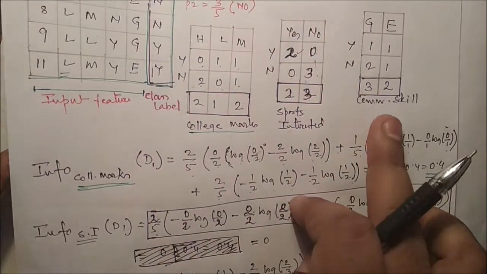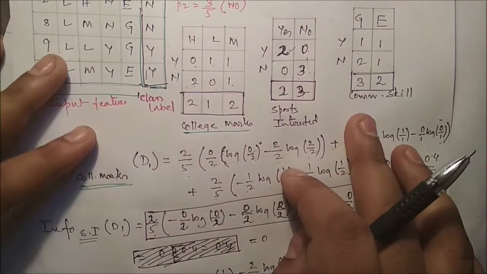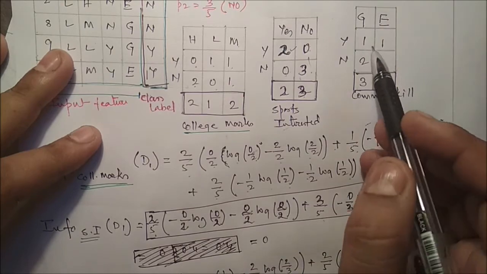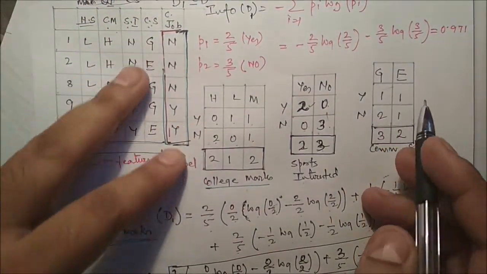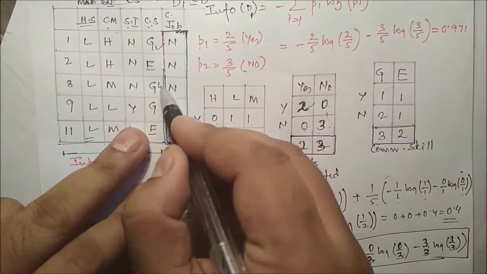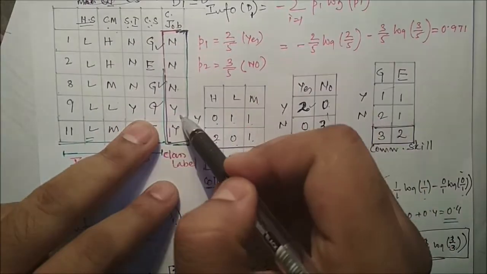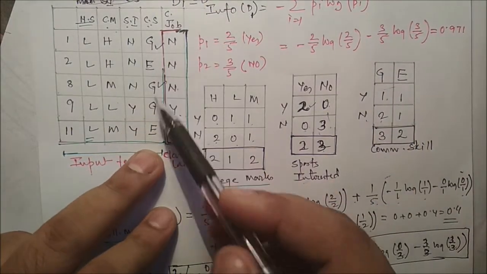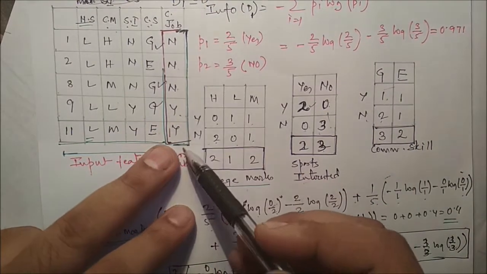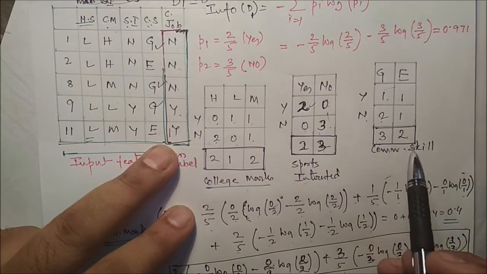Next is communication skill. If communication is good, then 2 no's and 1 yes are there. And if communication is excellent, then 1 yes and 1 no are there.